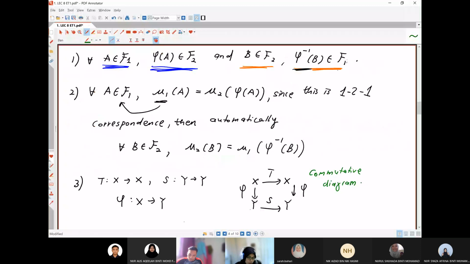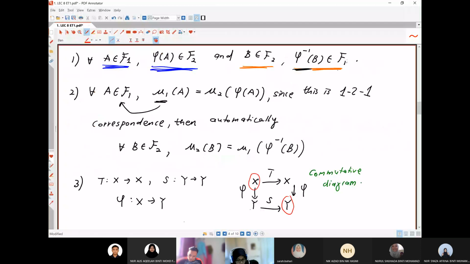So how are the operations of this diagram? Alright, with red. Okay, operations. How can you go from this X to this Y?